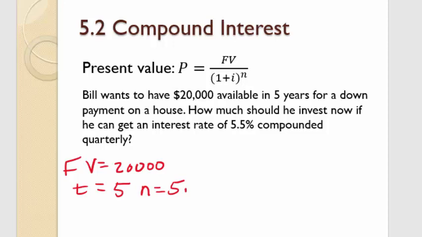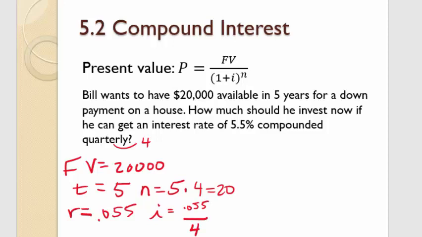So this is going to be compounded quarterly, and quarterly means it's compounded 4 times a year. So 5 times 4, which is 20. And then my i is going to be the rate divided by the number of times compounded per year. So the rate is 0.055. Then i is going to equal 0.055 divided by 4.